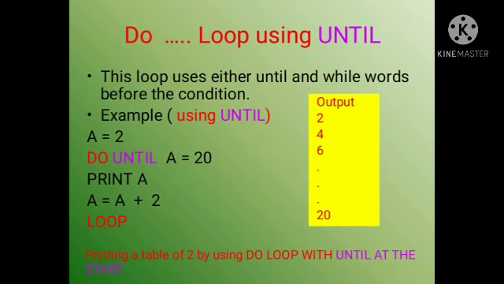You can see here after do, until is used: until a is equal to 20, whatever condition we can give over there, then whatever we want to print, we can print with the calculation or without the calculation, then it will get printed on the screen. Here we printed the table of 2 on the screen by using a do loop.